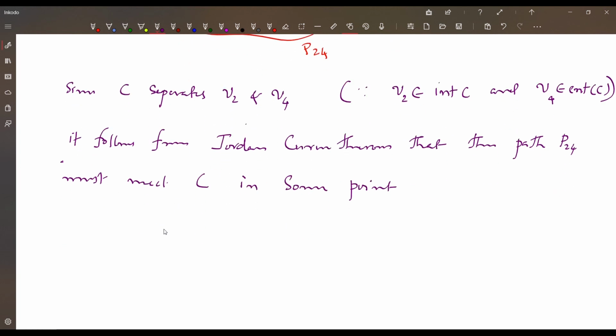Because G is a plane graph, this point must be a vertex.